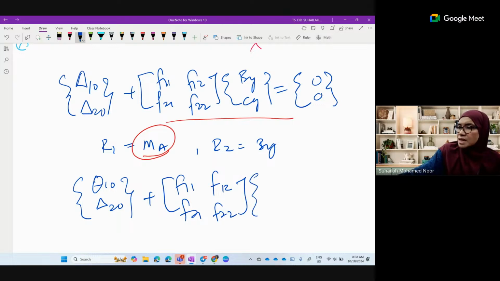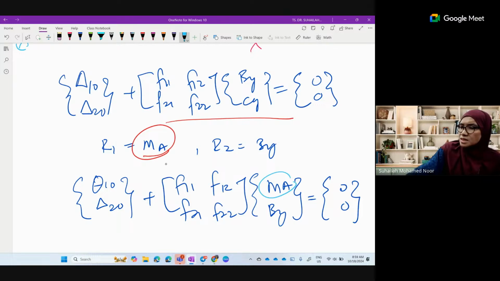So instead of letak R1, R2, terus letak MA and BY. So that kita tahu yang kat sini moment, so sini semua ni theta, ini pun theta. So kalau kita semua letak R, kita tak tahu yang mana satu theta, mana satu delta, right? Okay, even though kita boleh pakai, but kalau kita letak terus kita tahu, okay, the first one is redundant MA applied, second one is redundant BY applied.